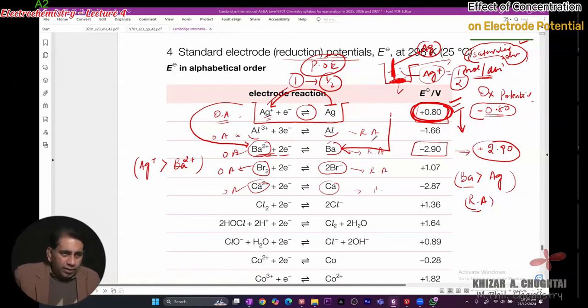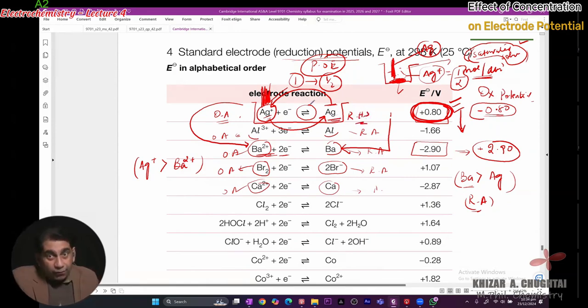Conversely, if I add more silver ion into this beaker, so there is more concentration of silver ion, then to reduce the concentration of this silver ion, equilibrium will be shifted towards the right hand side.